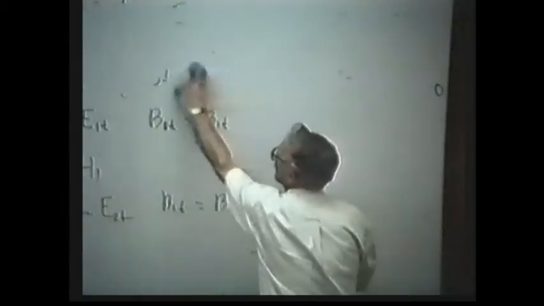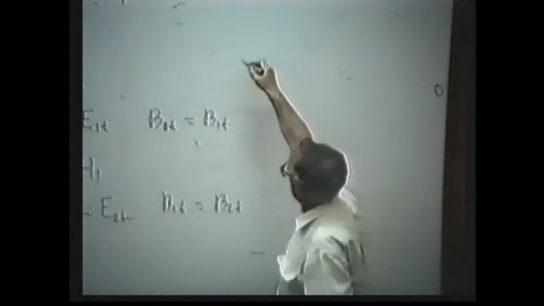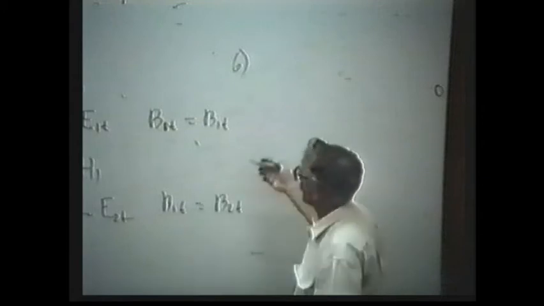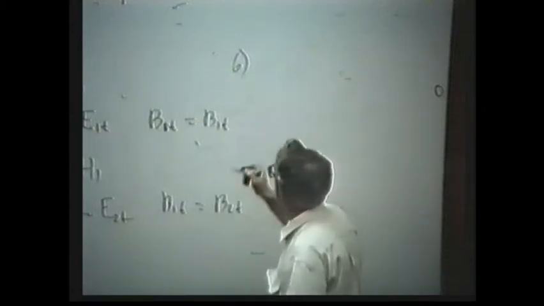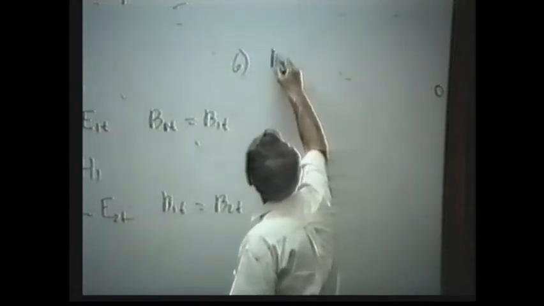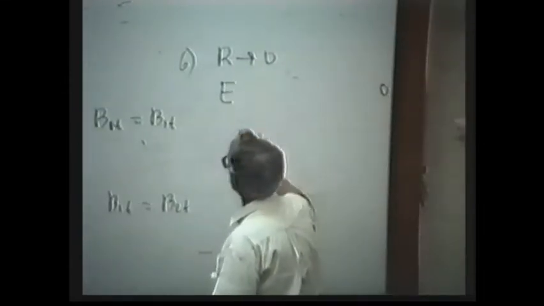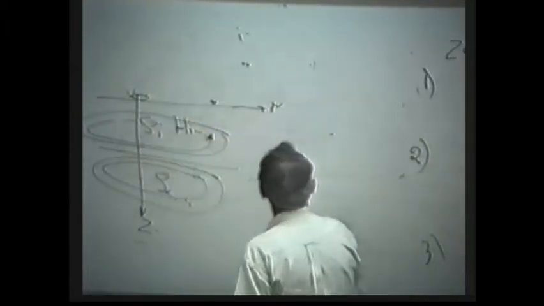What else? Five, 6. When we are near the source, R goes to 0, our field must tend to the primary source.